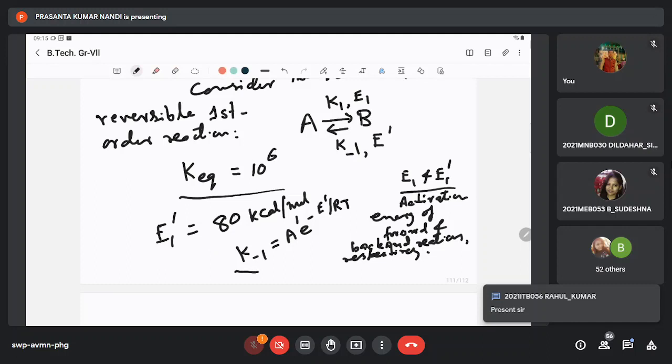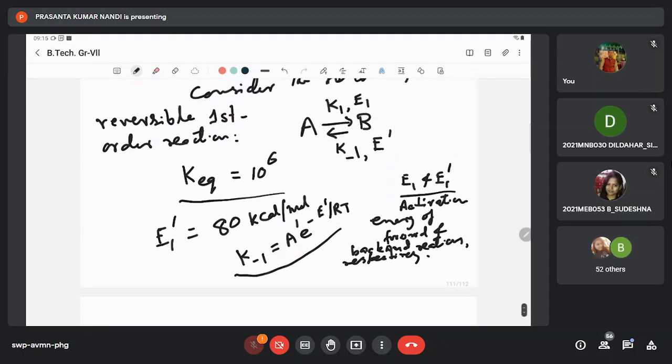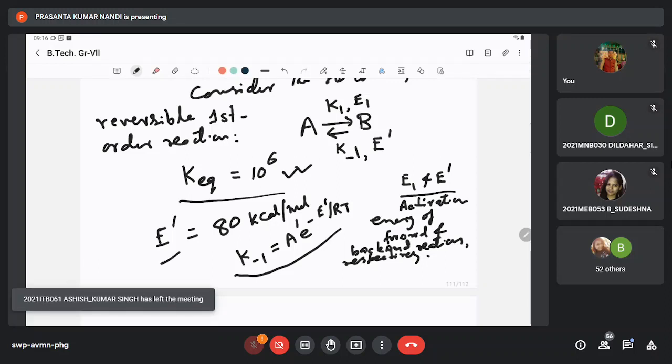So it is simply E1 and E1 prime; you drop this one. The backward rate constant is given by A prime into e to the power minus E prime by RT. The equilibrium constant and E prime are given.